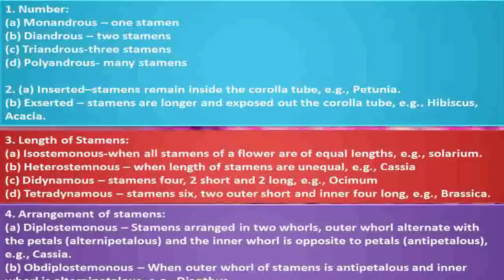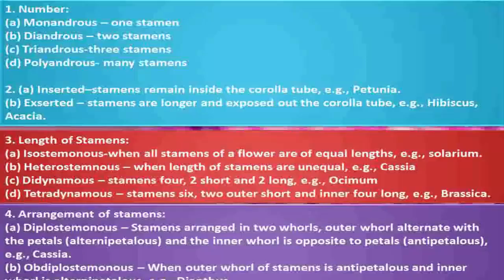Now come to the length of the stamen. Isostamenous: when all stamens of a flower are of equal length, it is seen in Solanum. What is heterostemonous? When the lengths of the stamens are unequal. It is seen in Cassia.